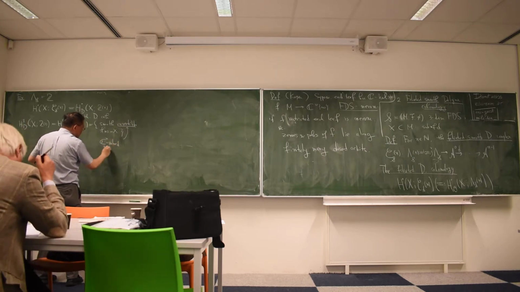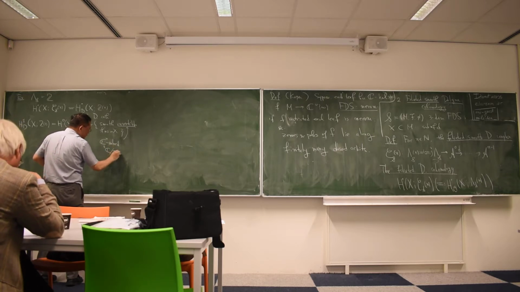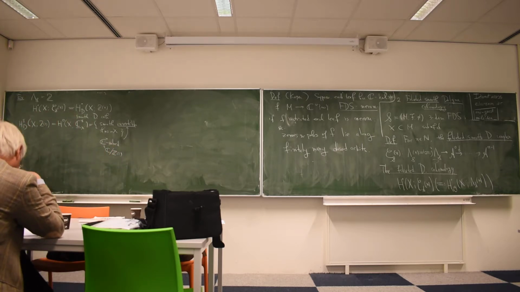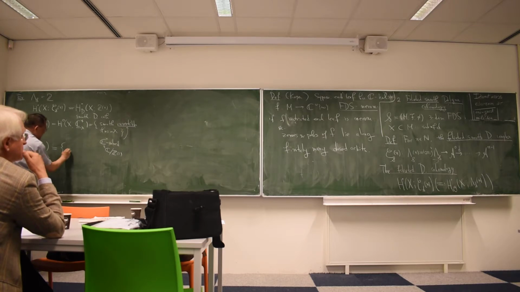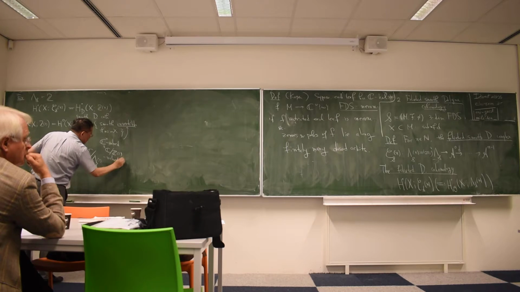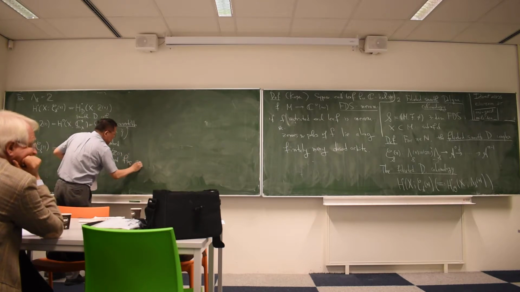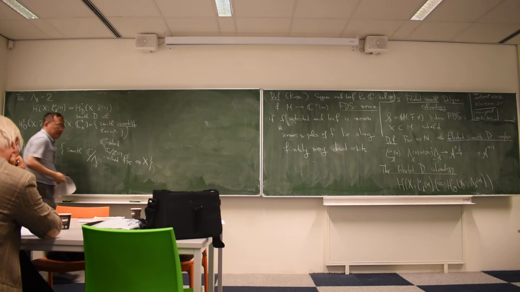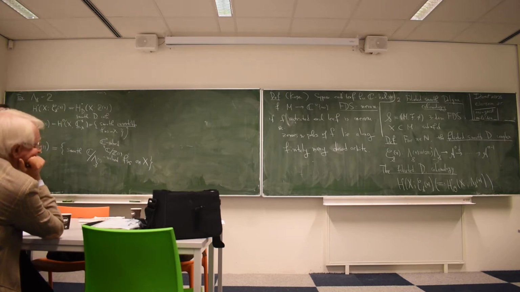But C star is just C mod Z(1). Okay, so our foliated Deligne cohomology H1 of X with C mod Lambda_S(1) is the space of smooth C mod Lambda_S(1) valued functions on X.